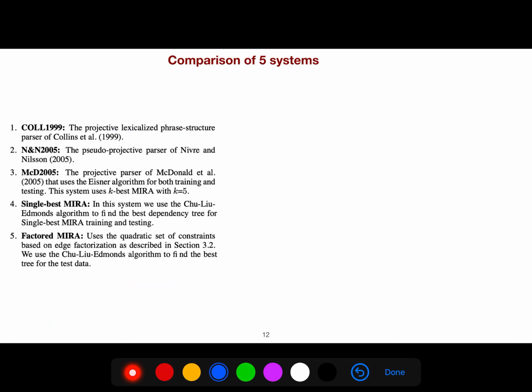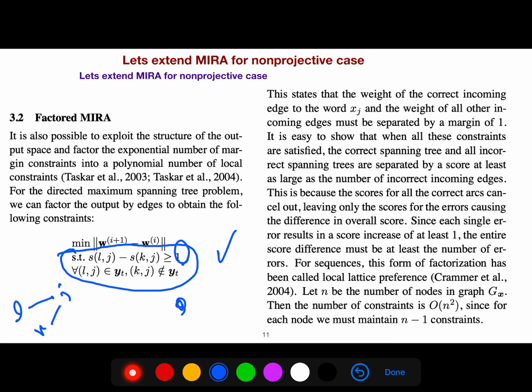Now in this paper they have compared these 5 systems: the original McDonald 2005, but used with k equal to 1, and also the factored one that I just described, which is factored MIRA.